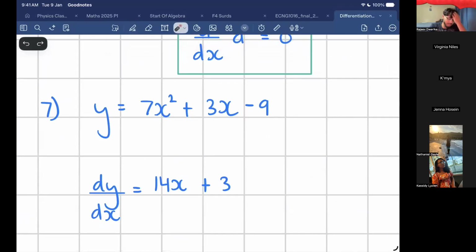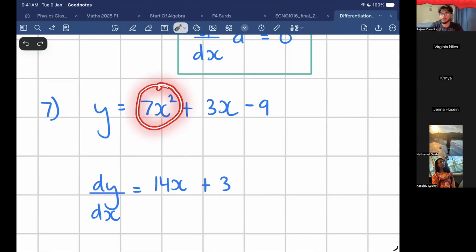Okay, so if I have y is equal to 7x squared plus 3x minus 9, we could actually differentiate each term individually, because differentiation is a linear process. You don't really have to worry about the linear process much, but just know we could break up each term into smaller derivatives. So Nathaniel, if I differentiate 7x squared, how am I doing that?